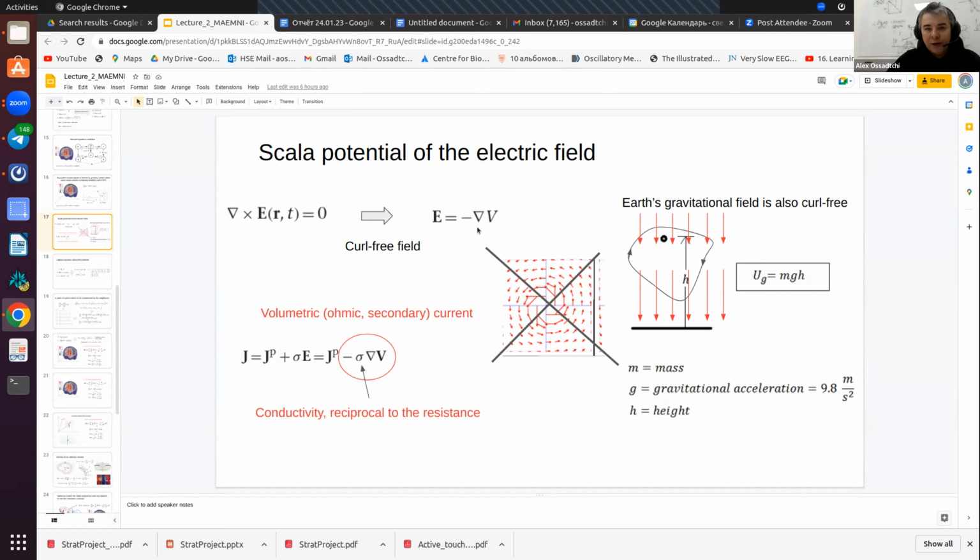So this is volts divided by meters, and this is the unit in which you measure E. But you already know a field which is very similar to this one, and this is our Earth's gravitational field. So you have the Earth's gravitational field lines, like I've tried to draw them this way, and you all know potential energy. The potential energy is the amount of energy that the body gains if you lift the body with respect to Earth's surface by some height h, right?